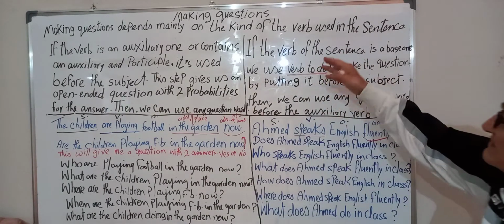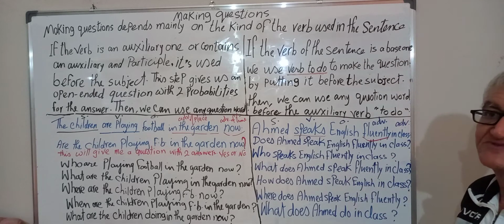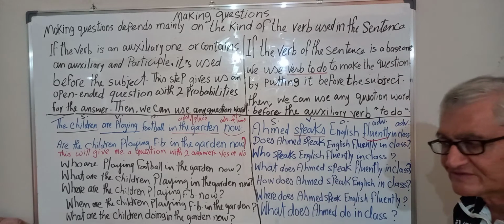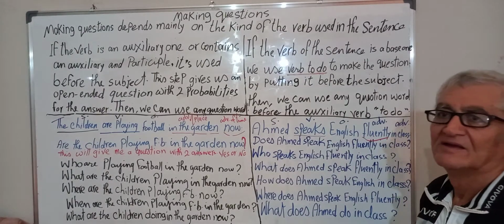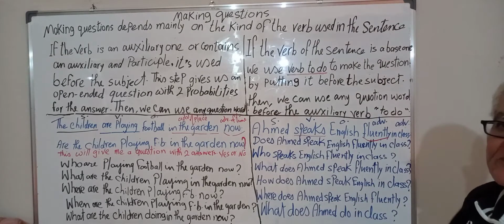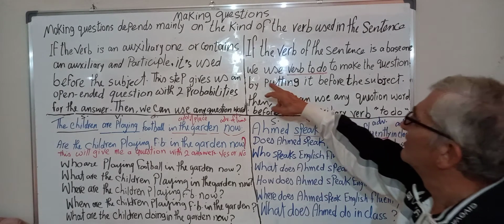Here, when the verb of the sentence is a base one, base verbs are those verbs that are not auxiliary. Out of the 24, there are more than 50,000 verbs in English. Many, so many.